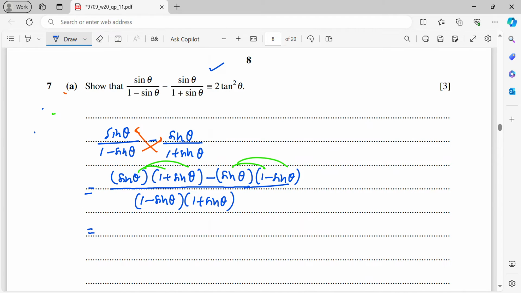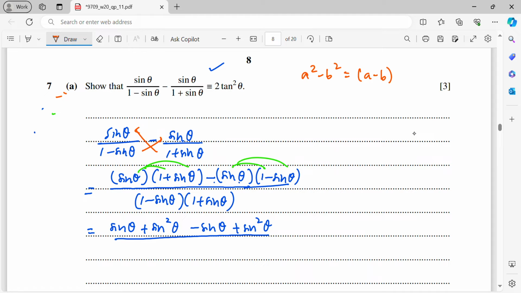Then I will be getting sine theta plus sine squared theta. The minus sine theta group together, multiply with 1, it will be minus sine theta. Then this minus sine theta, you times by minus sine theta, it will be plus sine squared theta. Now for the denominator, I'm going to apply the a squared minus b squared formula.